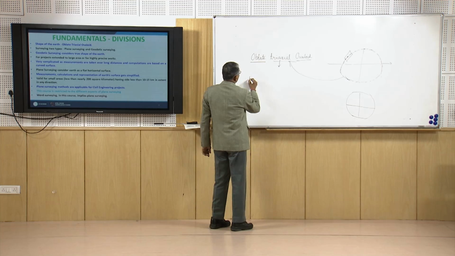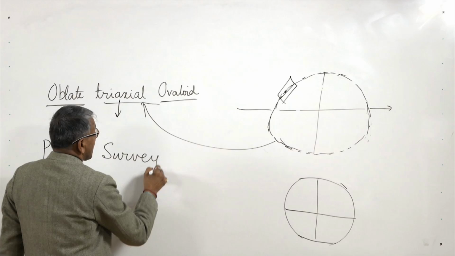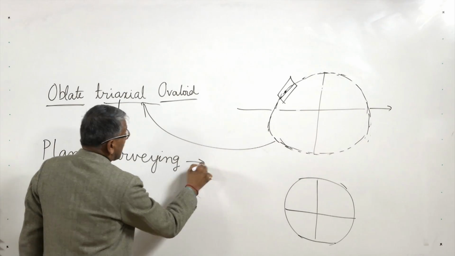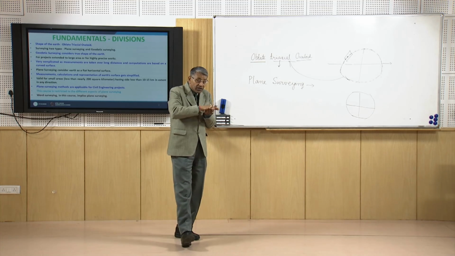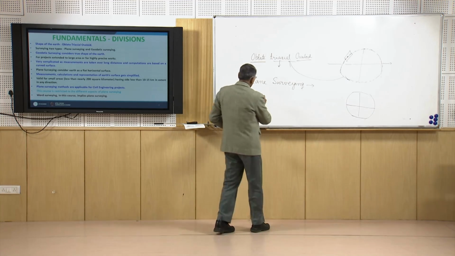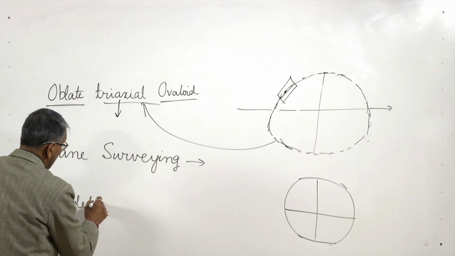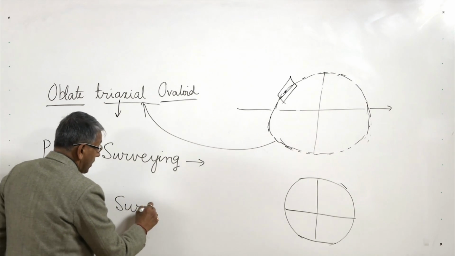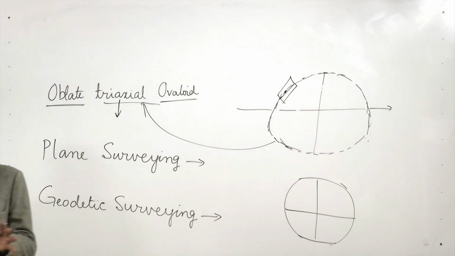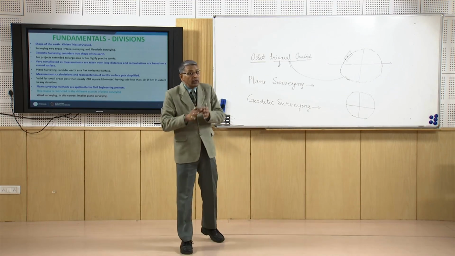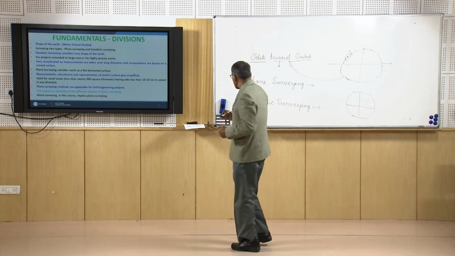One is called plane surveying, where the area to be surveyed does not differ much whether it is a curved surface or a plane surface, and another is called geodetic surveying, when the area to be surveyed is of such a big extent that we cannot assume that the surface is a plane surface.